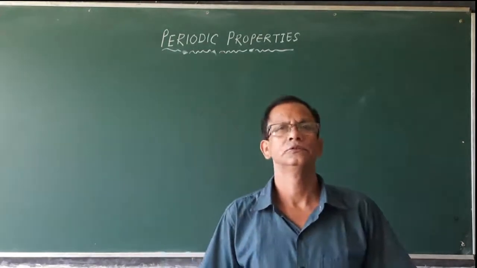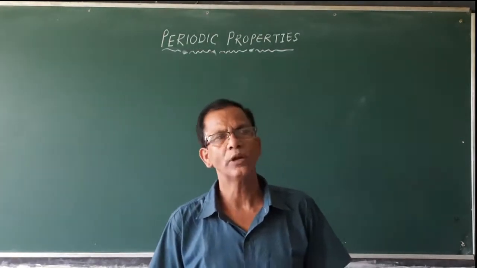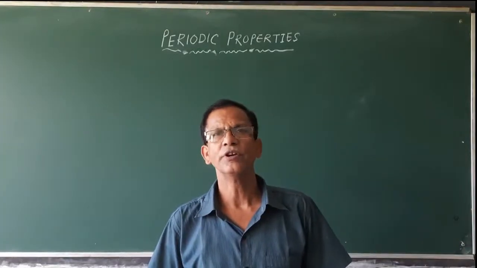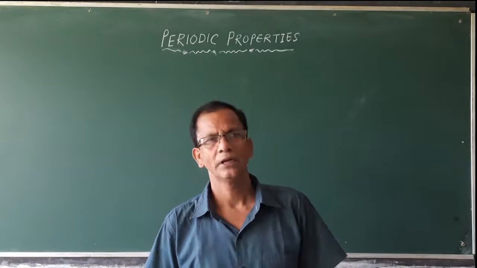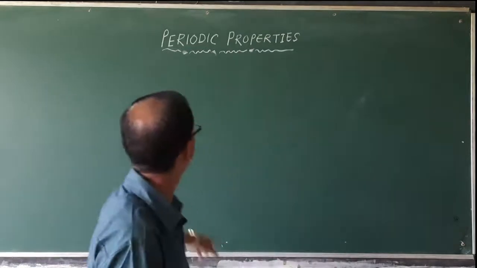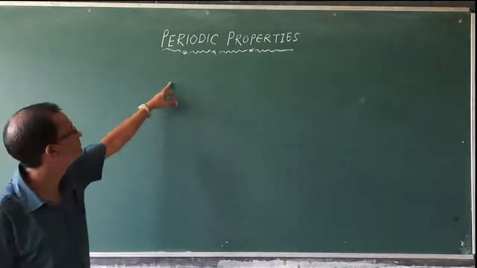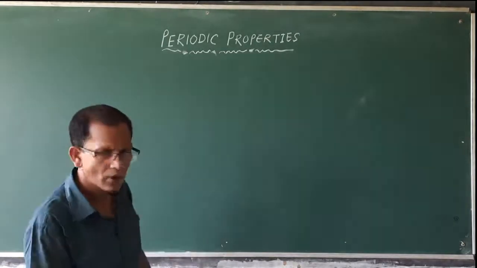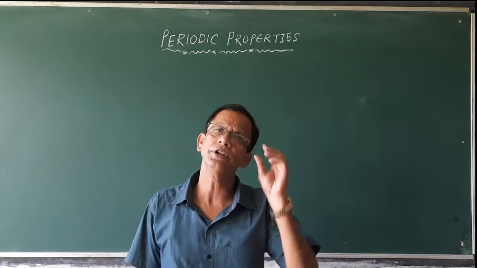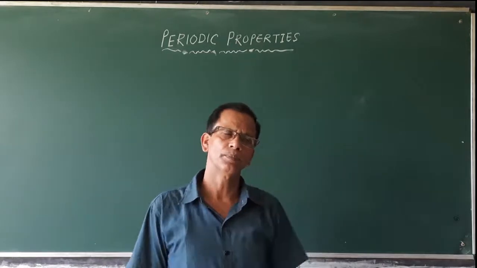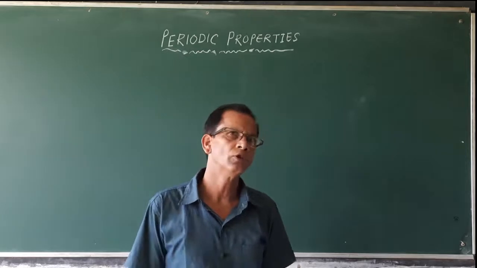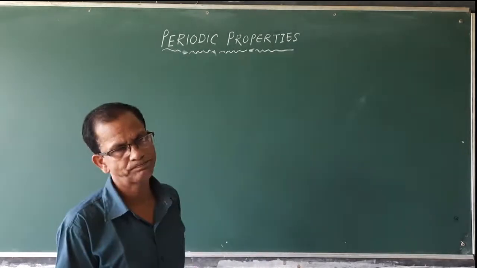Today we'll discuss a very important topic in periodic classification, that is periodic properties. Periodic properties of elements. What are periodic properties? The properties which change along the group and period.